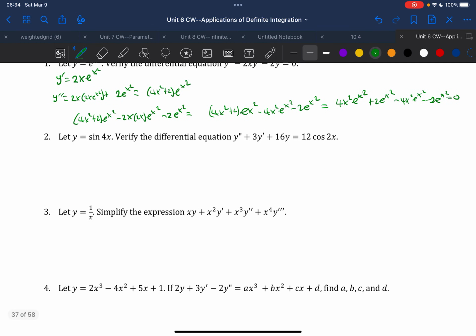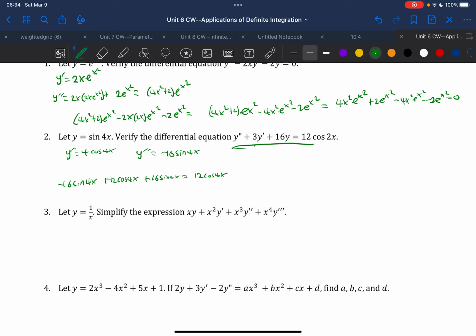All right, so I'm going to do that again. So we need y prime and y double prime. So y prime is 4 cosine 4x. Y double prime is negative 16 sine 4x. So for y double prime, we're just going to plug in here. So negative 16 sine 4x plus 3y prime, 12 cosine 4x, plus 16y, 16 sine 4x equals, so your negative 16s cancel out, that equals 12 cosine 4x.